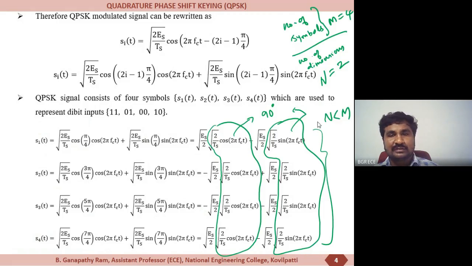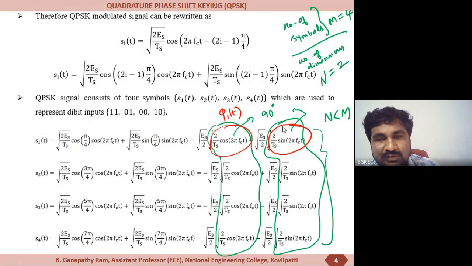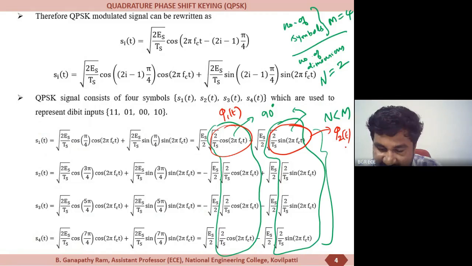Let square root of 2 by Ts cos 2 pi fct be the first orthonormal basis function phi 1 of t, and the square root of 2 by Ts sin 2 pi fct be the second orthonormal basis function phi 2 of t.